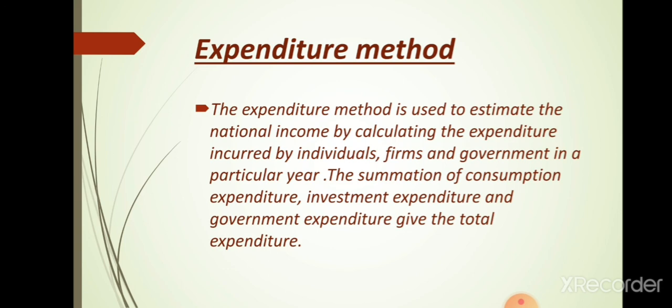And government expenditure is the expenditure of the government for the development of the country, for new projects. These are the three methods for calculating the national income of the country.